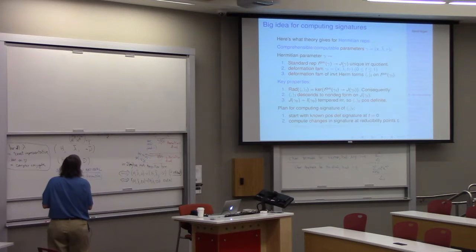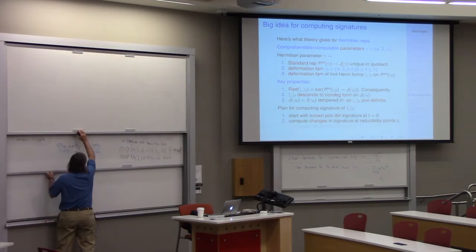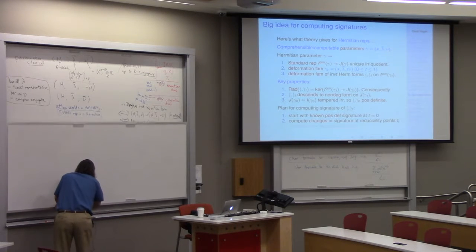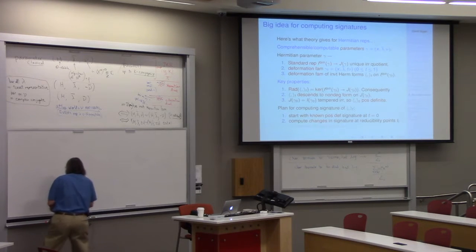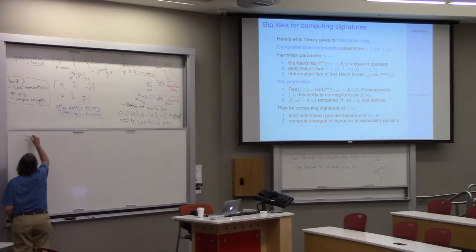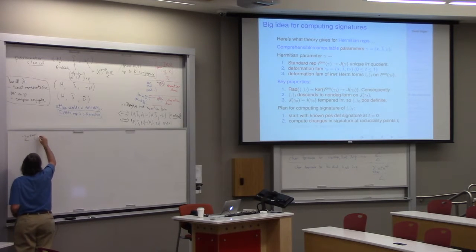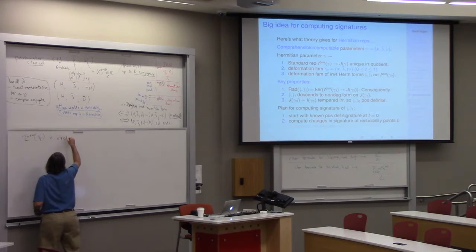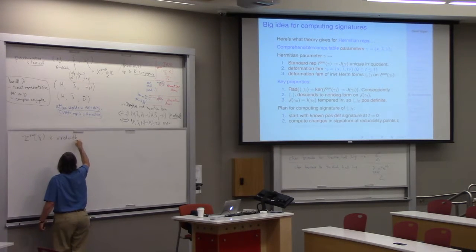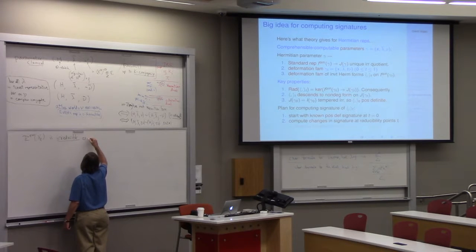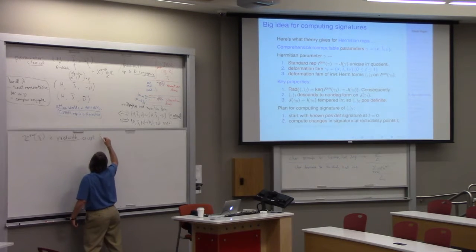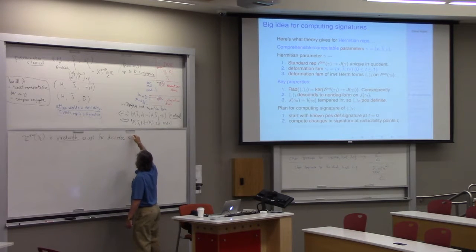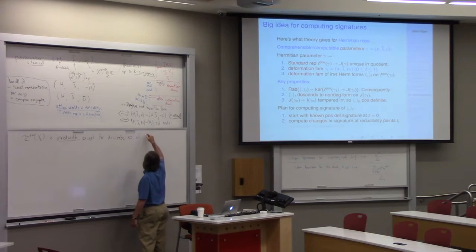One of the key properties that I didn't write is that the standard module, gamma t, is irreducible except for a discrete set of values of t.